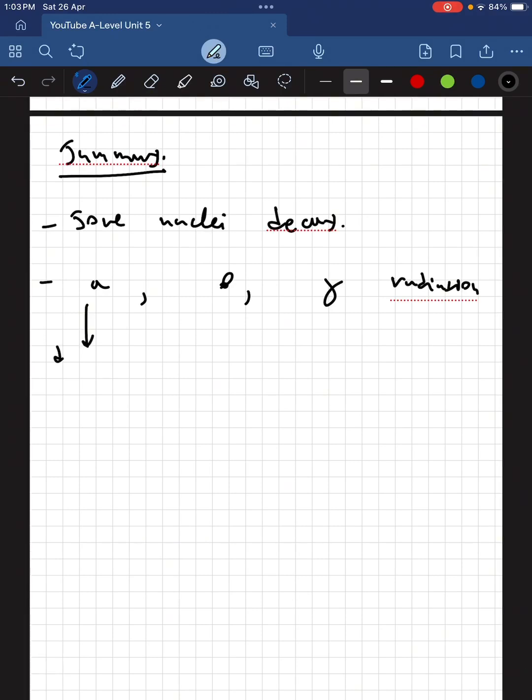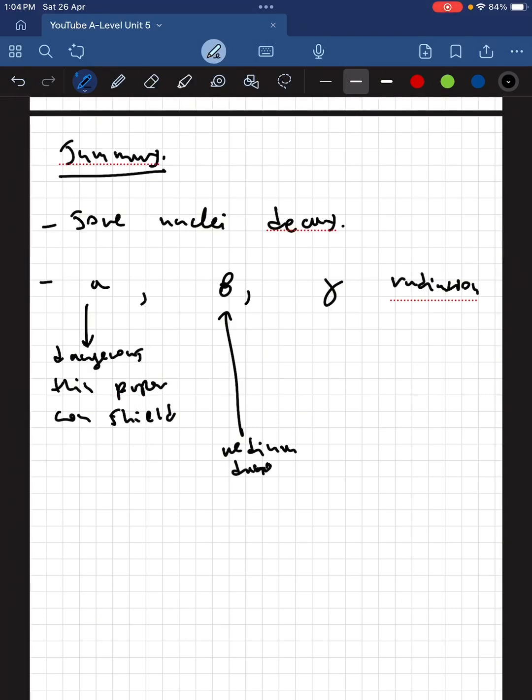Alpha decay is dangerous. Thin paper can't shield it. Beta radiation is less dangerous, but still, so I'm gonna write medium dangerous, something like that.